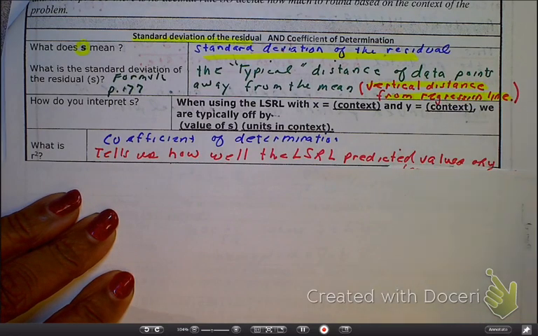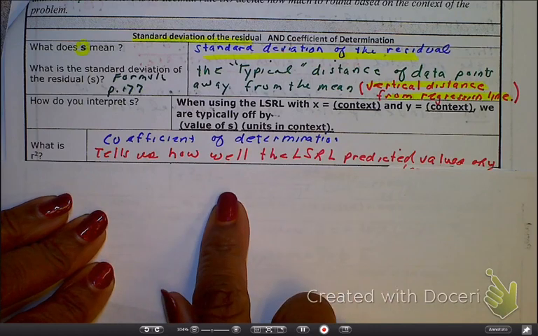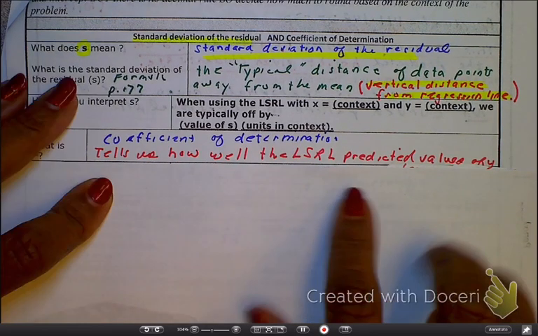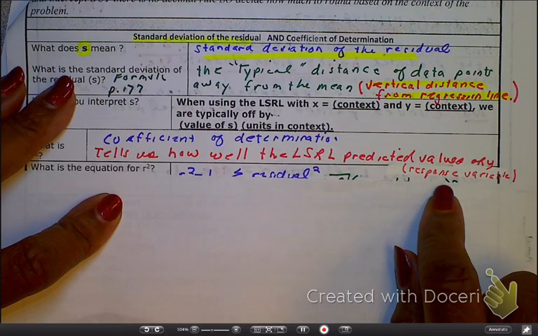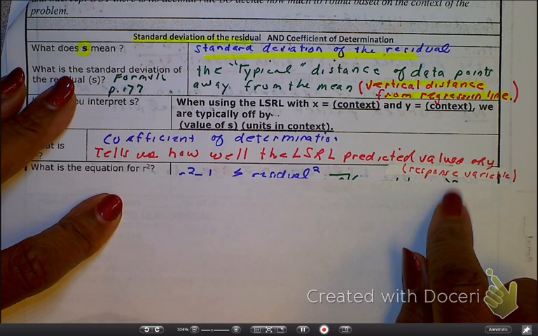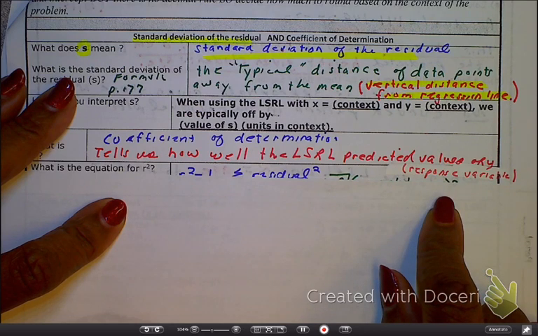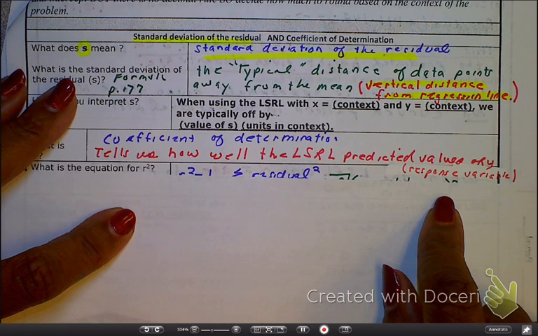But what does it tell us? It tells us how much the least square regression line is predicted based on those values. So how much of the line explains the values of y? How much that regression line explains the response variable?